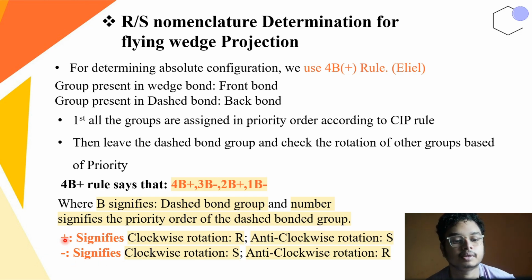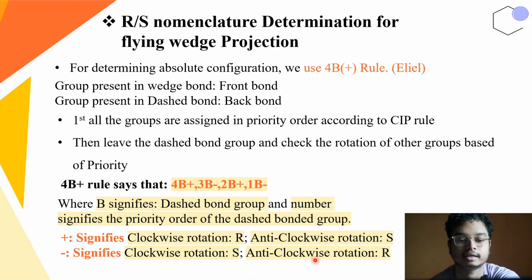The plus sign signifies that if the other groups, apart from the group on the dash bond, rotate clockwise, then it will be R, and if anti-clockwise, then S. And the minus signifies that if it is clockwise, then it will be S, and anti-clockwise it will be R. So till now I know it is very confusing.